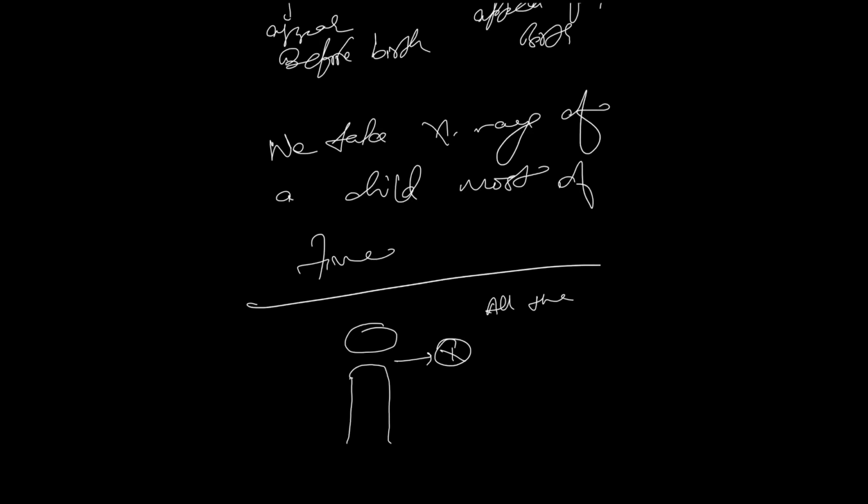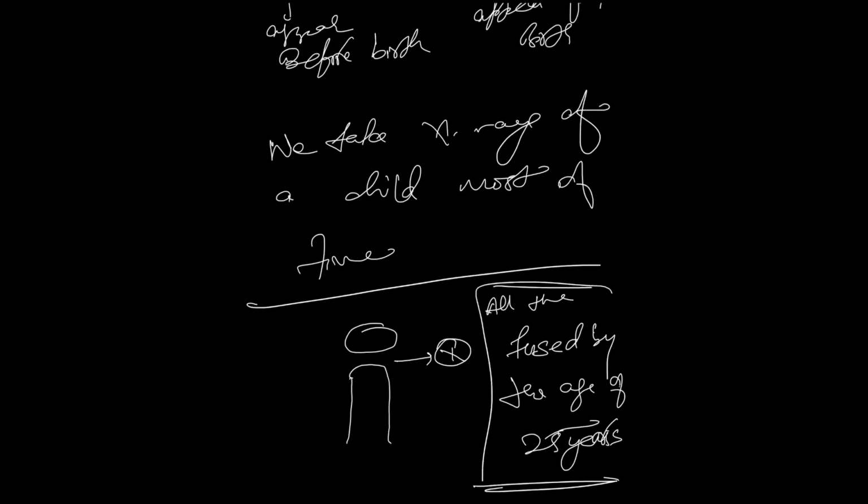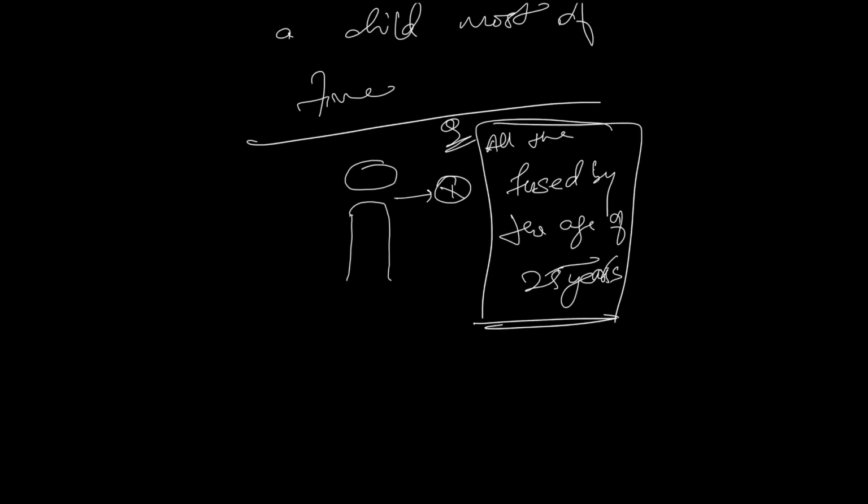All the ossification centers fuse by the age of 25 years. Okay. This is something you should know, like after seeing an X-ray you should tell whether this is a grown adult or a child.